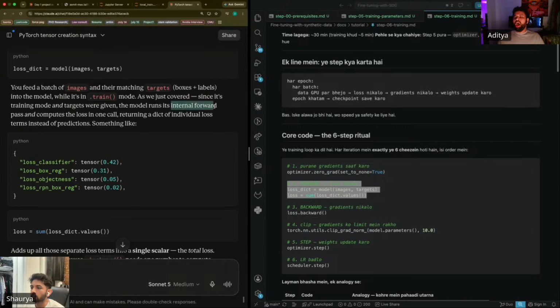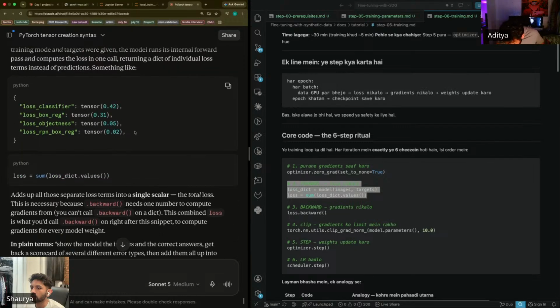It runs an internal forward pass and computes the loss in one call, returning a dictionary of individual loss terms instead of predictions, something like that. Oh, this is what we saw earlier. But we saw it for backward, not for forward.